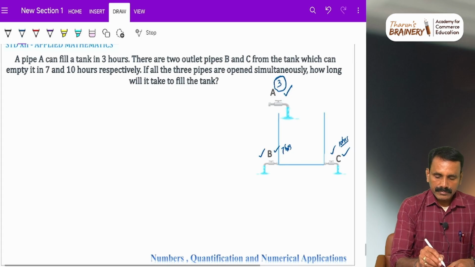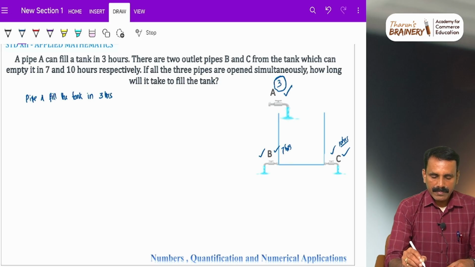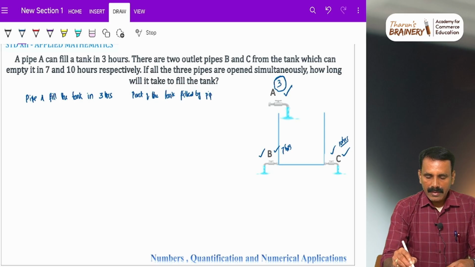So, pipe A fills the tank in 3 hours. So, the part of the tank filled by pipe A in 1 hour will be equal to 1/3 part.